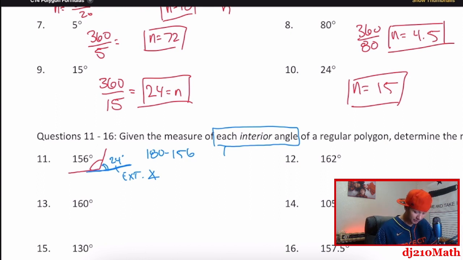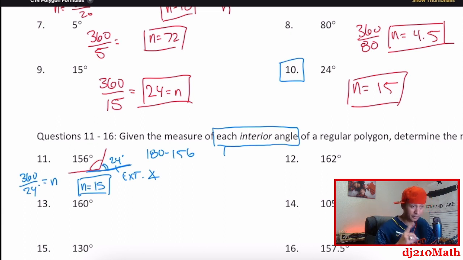So 360 divided by 24, the exterior angle, will give us n, which is basically number 10 of the last problem. So n is equal to 15. When you're given an individual interior angle, it's best to convert to an exterior angle. The numbers are much easier. The math is more manageable, in my opinion.